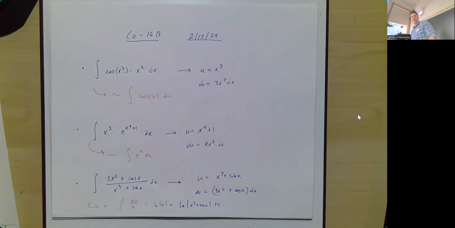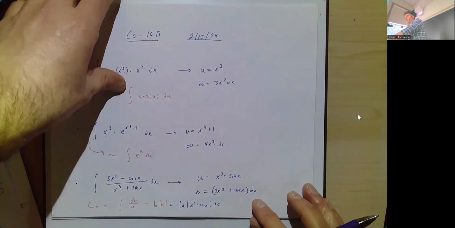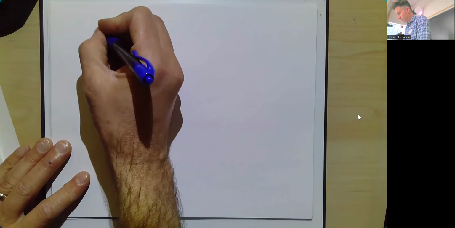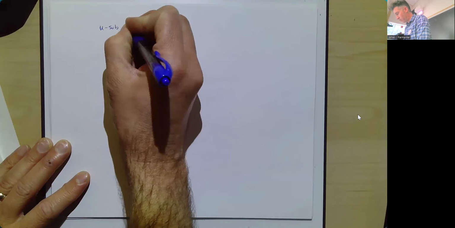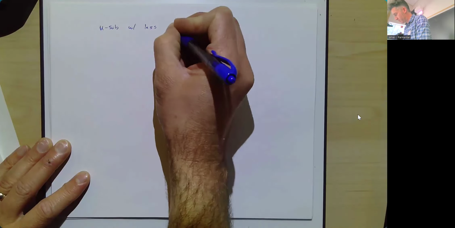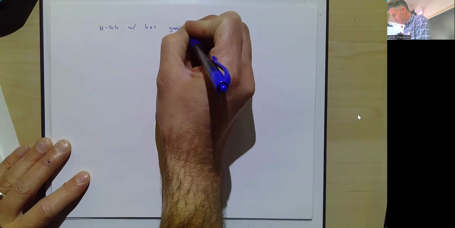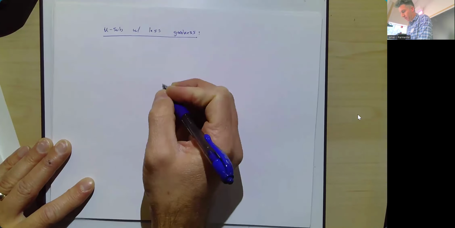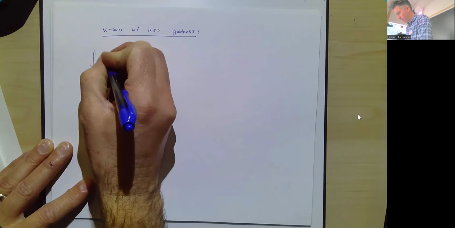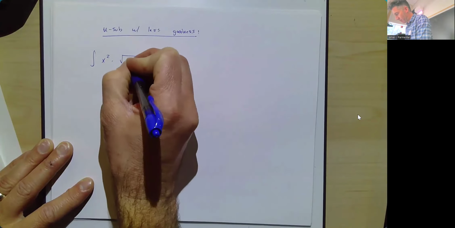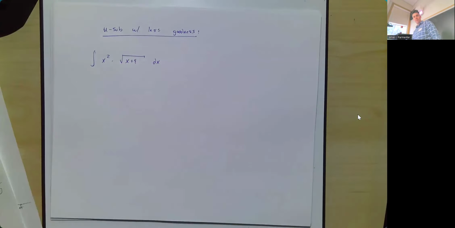But then sometimes there are other u sub problems where you don't get all the things you hope to have. Like this problem. So this is u sub with less goodness. For example, the integral of x squared times the square root of x plus 9 dx.